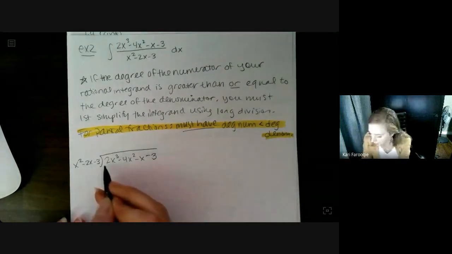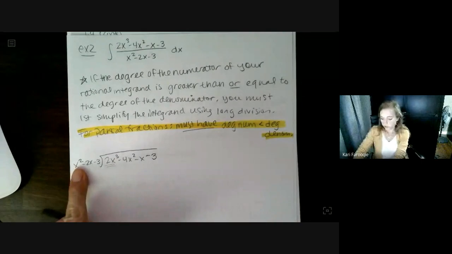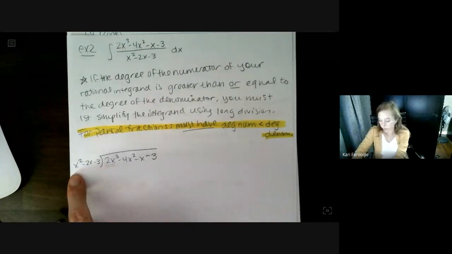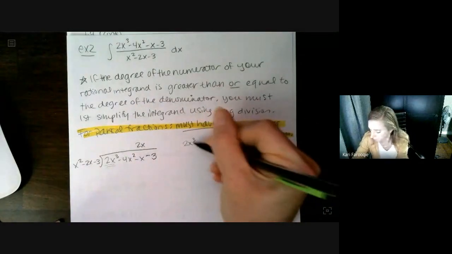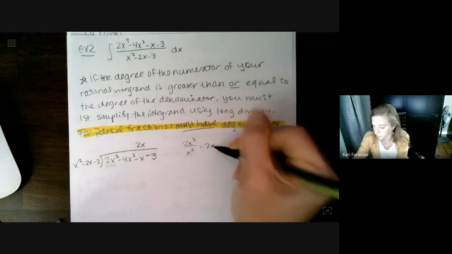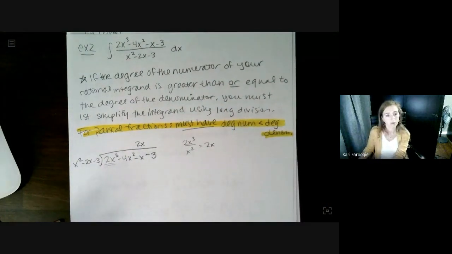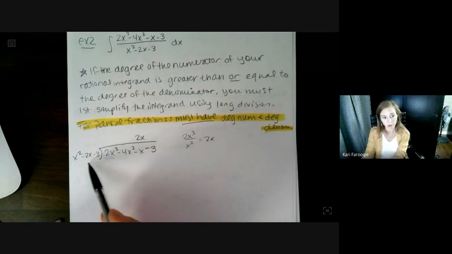All right, you're going to take the first term in your dividend and divide it by the first term in your divisor. So 2x cubed divided by x squared just gives you 2x. That's where that comes from. And then you multiply this 2x by all three terms in your divisor.